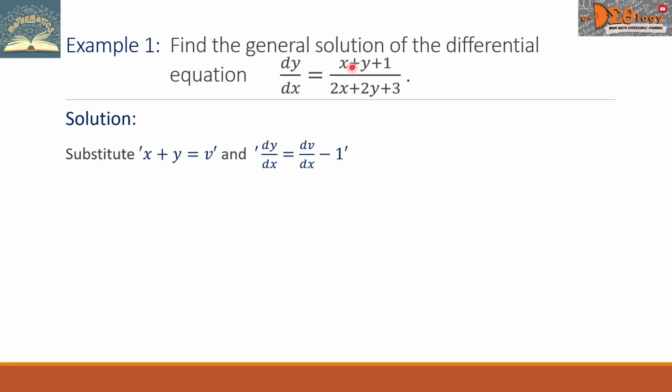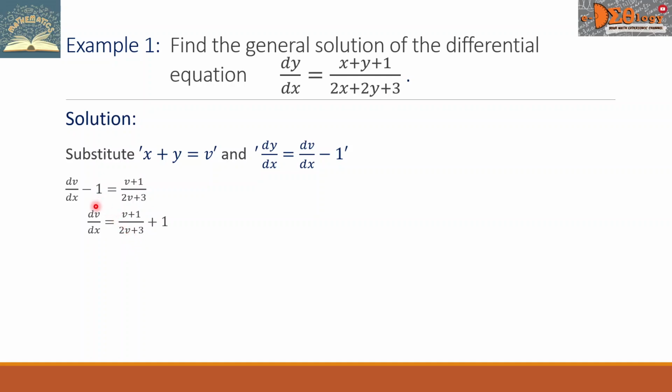It means to say this x plus y here is the value for our v. In the left side here, the dy over dx is now replaced by dv over dx minus 1. This right side now becomes (v plus 1) all over (2v plus 3).